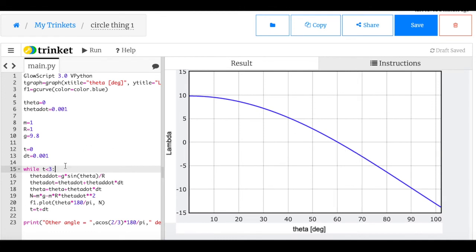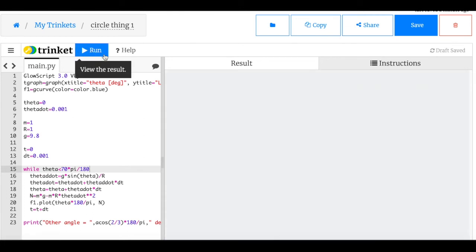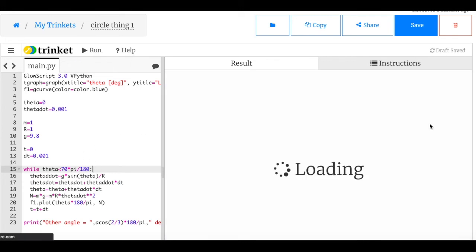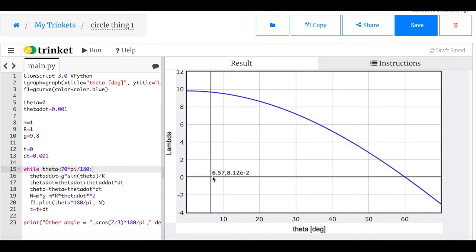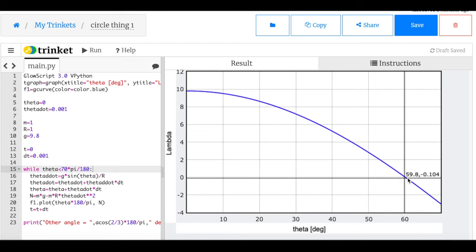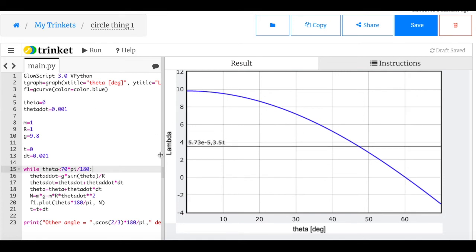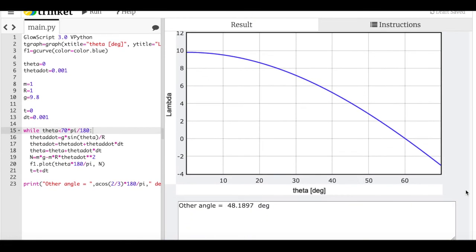While theta is less than 70 times pi divided by 180, run it. Oh, I didn't put a colon there. My fault, sorry. Okay, so now the force goes to 0 right around there. Let's get a better value, and that's different than this. I think 58 is the right answer.